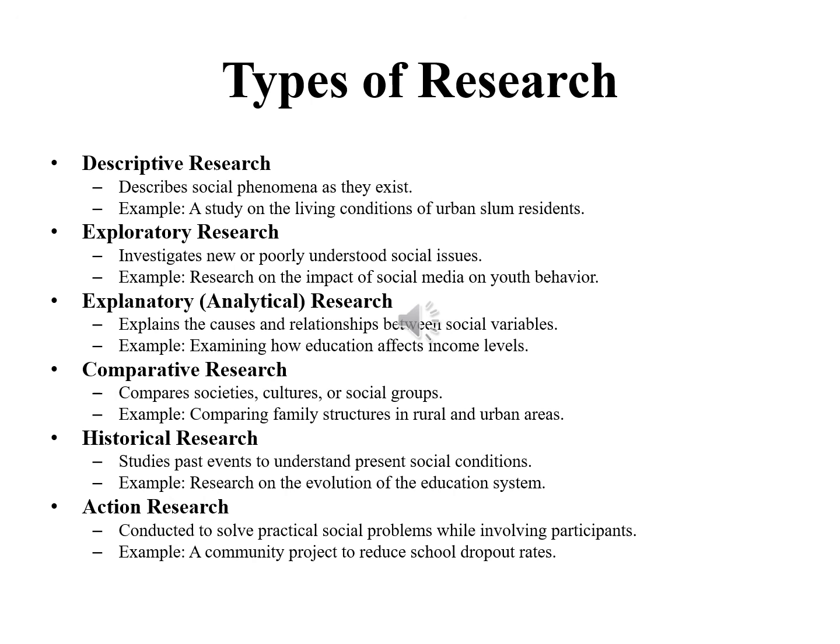Then we have explanatory or analytical research. When you want to show a cause and effect relationship, this design is best suited for your research, as it explains the cause and effect relationship between social variables. As an example to make it clearer, examining how education affects income level.